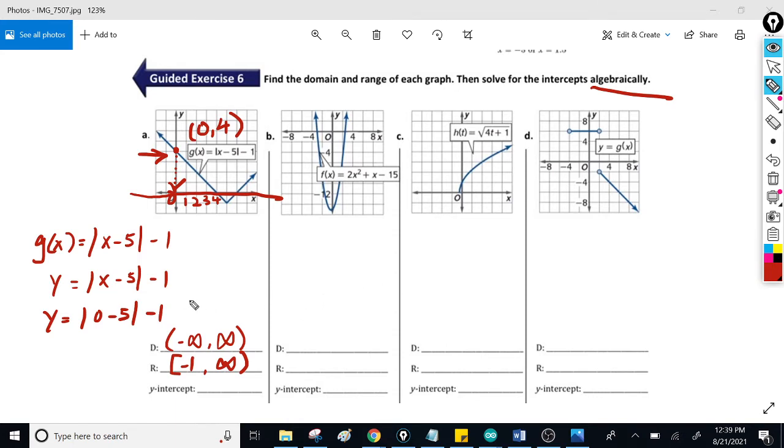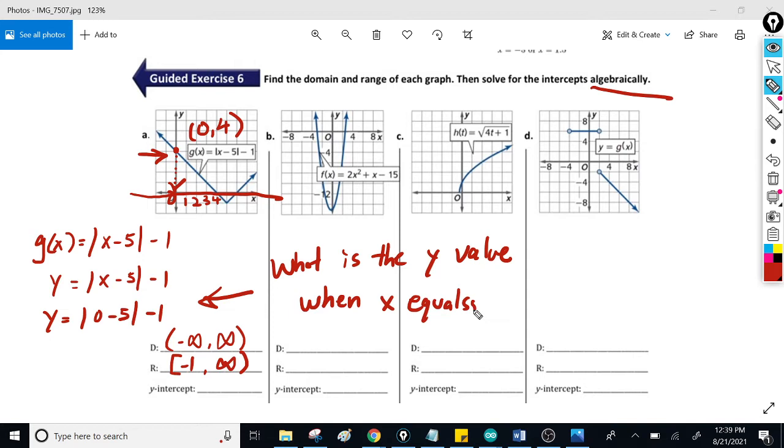So basically what you are trying to do is ask what is the y value when x equals 0. That is what you're trying to do.